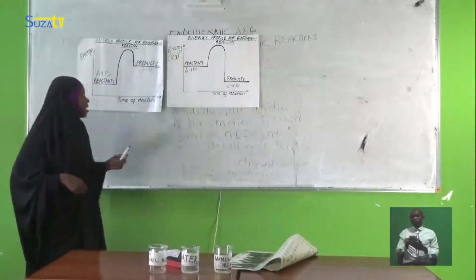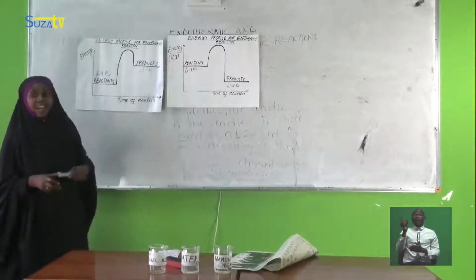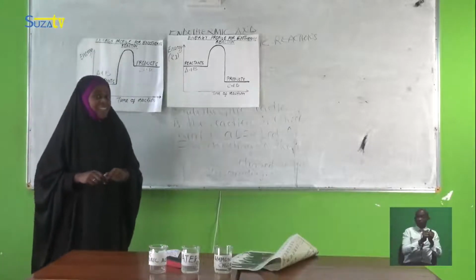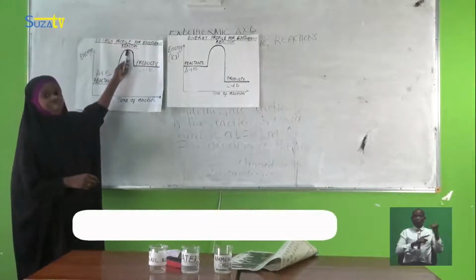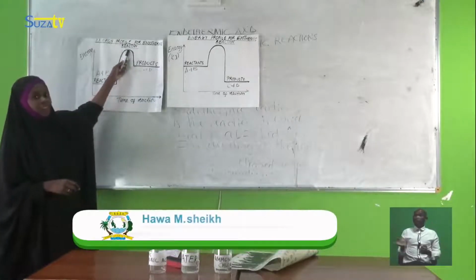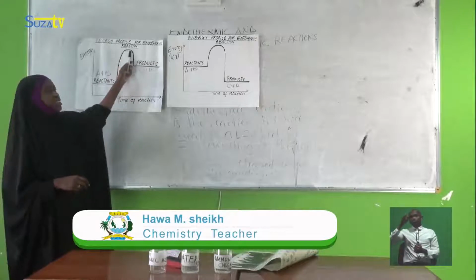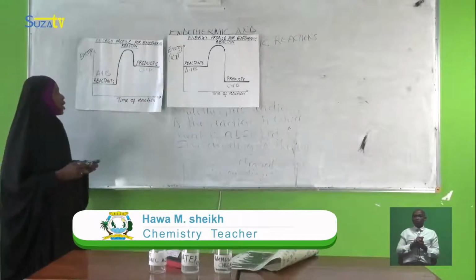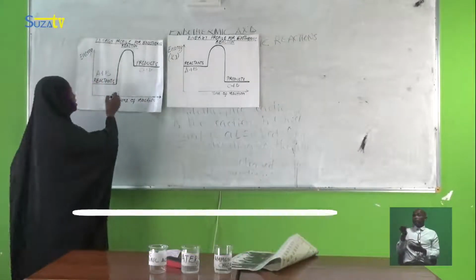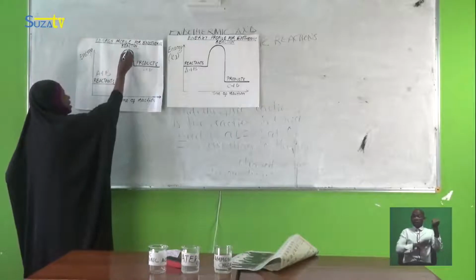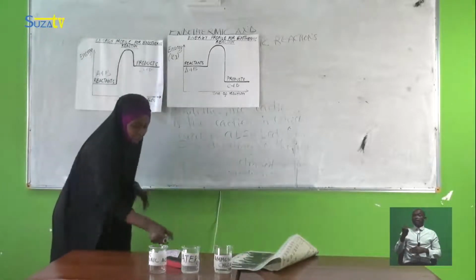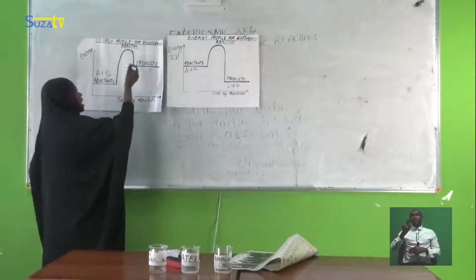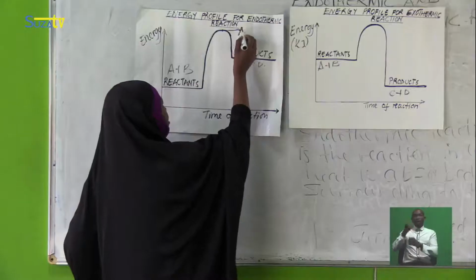This is to say, there is something in common in which the energy rises to a certain peak. The energy rises to a peak. So this energy at the peak is known as activation energy.